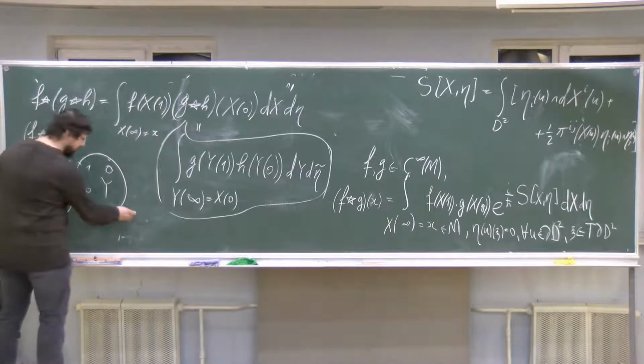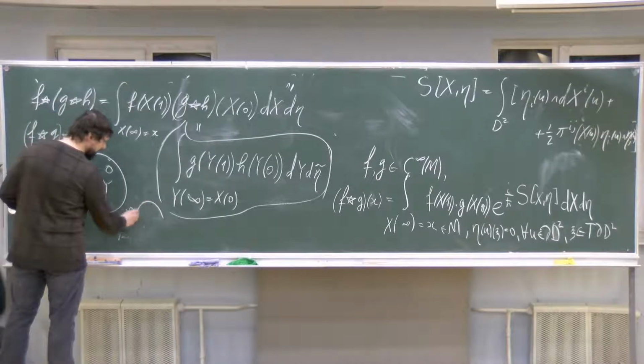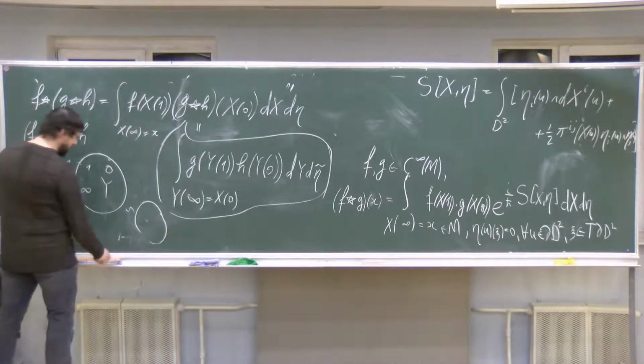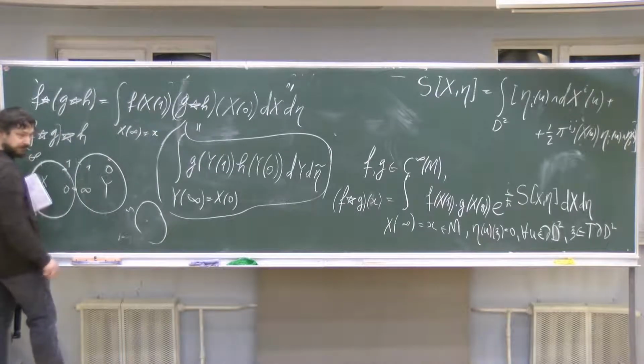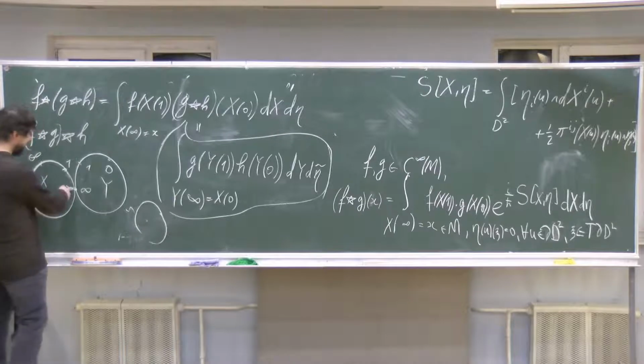Of course, this construction topologically is the same as just one disk, where we have 1, 2, 3, 4, 5 points. So we actually just split this point into 2, after we passed from iterated integral to double integral. So we can forget about this point.